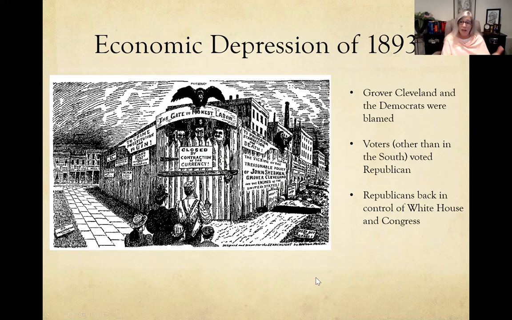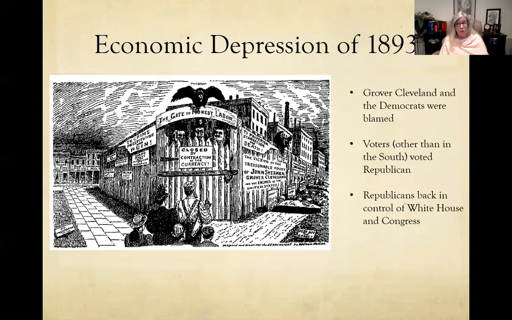And when the economy collapses, who tends to get the blame? The president does. So that's going to be part of this issue here that Grover Cleveland is going to experience, because they're in power in the 1890s. 1893 is when this depression is going to hit. So Grover Cleveland gets blamed for that. Remember, he's in office from 1880 to 1884.